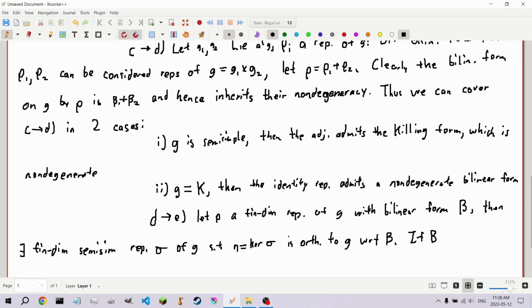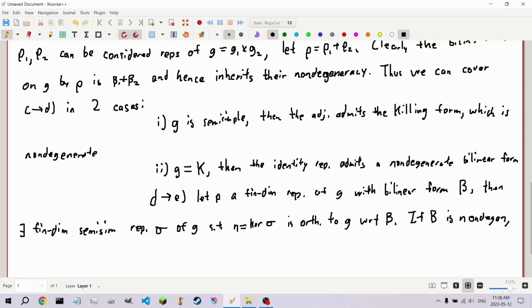The beta is non-degenerate, then n is just the zero element, so sigma is faithful.